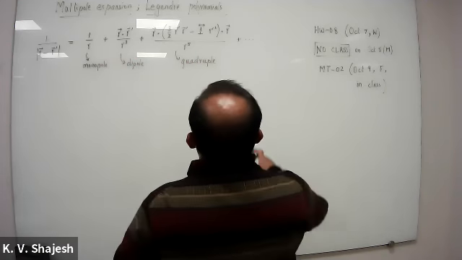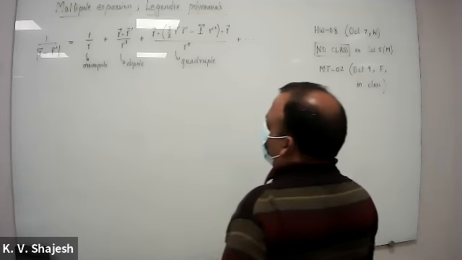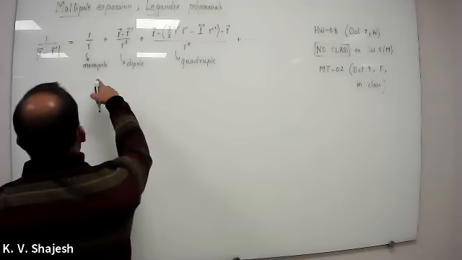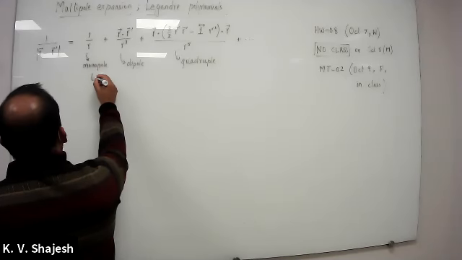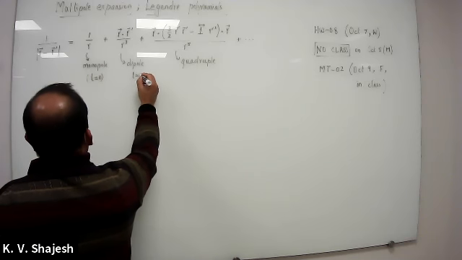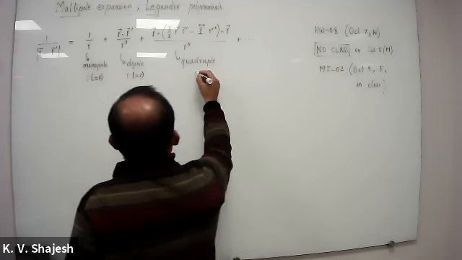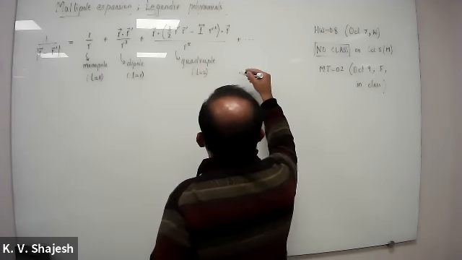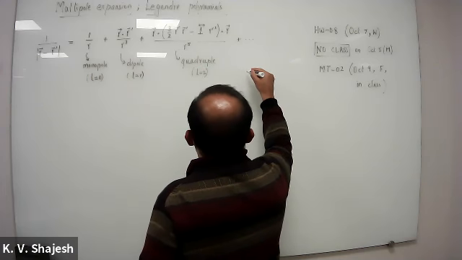Let's say this is L equal to 0, this is L equal to 1, this will be L equal to 2, the next one will be L equal to 3, and so on.